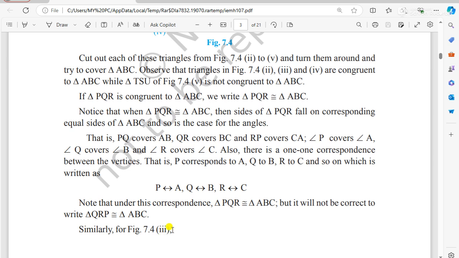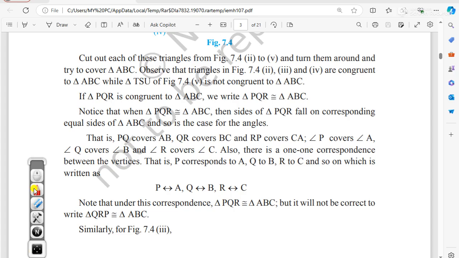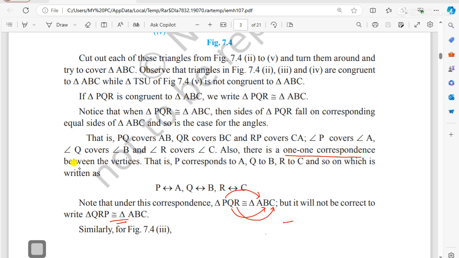You see here, in this way triangle PQR will be congruent to triangle ABC because P corresponds to A, Q corresponds to B, and R corresponds to C. You cannot write it the other way because Q doesn't correspond to A; P corresponds to A, Q corresponds to B, and R corresponds to C. This is the one-to-one correspondence between the vertices.